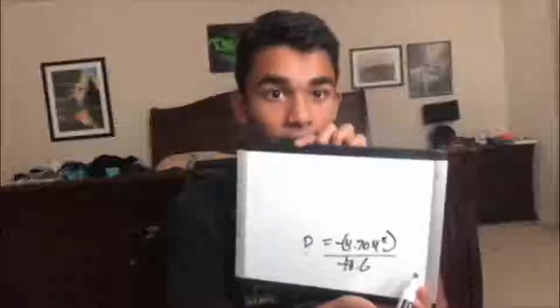Then we're gonna get d equals negative 4.704 squared divided by negative 19.6, as is shown, and plug it into our handy dandy calculator. We're gonna get d equals 1.12896.